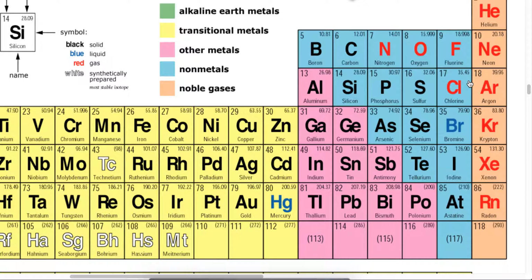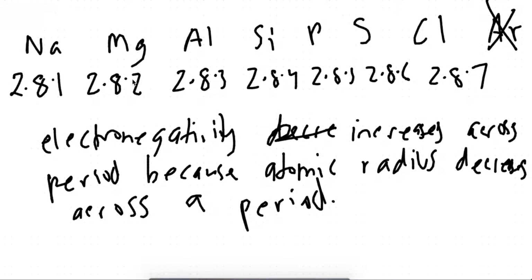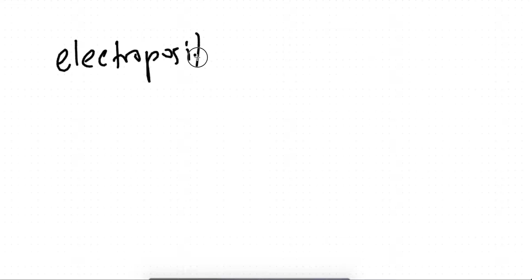Now, what else do we need to know? Yes, one more thing I want to talk about is the definition of electropositivity. Electronegativity, we said, was the ability of the element to gain an electron due to the attraction towards the nucleus. Now, electropositivity is the opposite, okay? Electropositivity is what we see in group 1 reactivity.